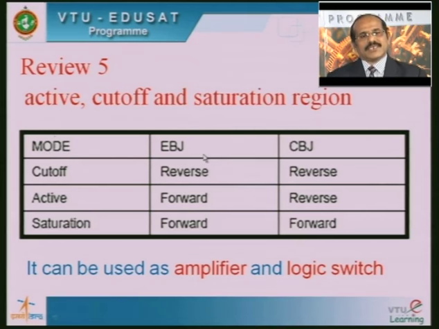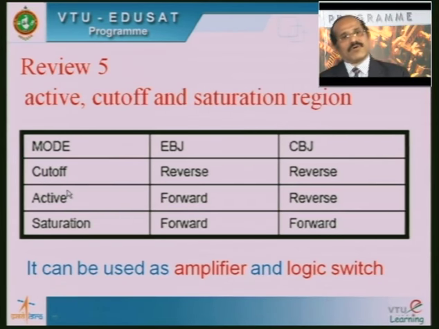If both the emitter base junction and collector base junction are reverse biased, the transistor is said to be in the cutoff region. If both are forward biased, the transistor is in the saturation region. If the emitter base junction, called the input junction, is forward biased and the collector base junction is reverse biased, the transistor is said to be in the active region.